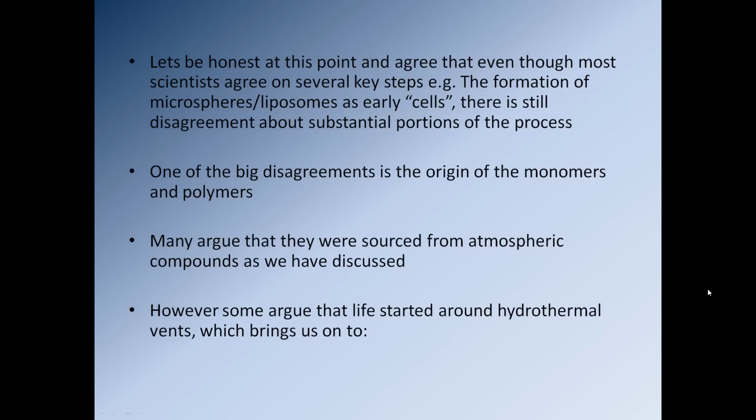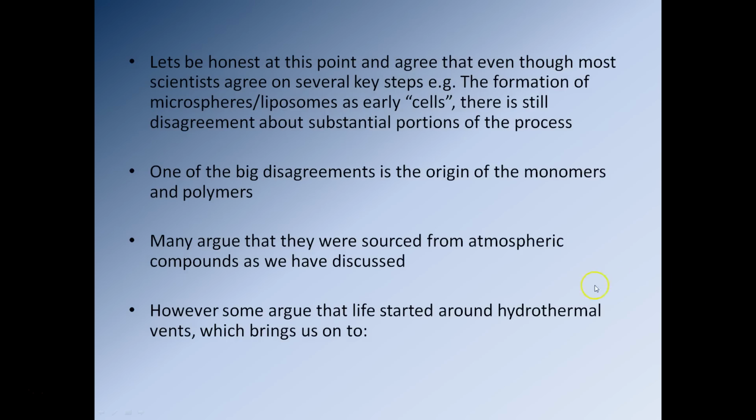Many argue they were sourced from atmospheric compounds, as we discussed. However, some argue that life actually started around hydrothermal vents. So the most important thing is to remember that we just don't have all the answers, and that's what makes discussing early life so complicated, as I'm sure you've just felt over the last few slides, extremely disjointed. It's not a particularly clear picture.